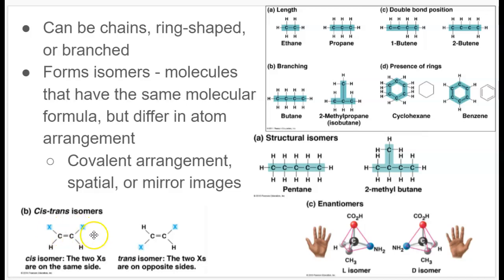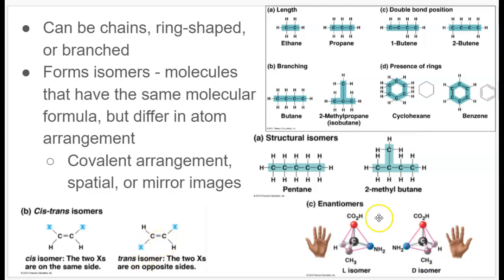They would be attached on the same side, whereas in a trans isomer, you've got the potential things that are attached to the carbon backbone on opposite sides. So that's what a cis-trans isomer is. So one is the things are attached on the same side, the other one, the things are attached on the opposite side. And again, the X just represents all the different possible things that could attach to these potential molecules here.